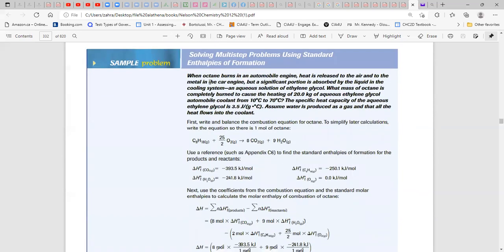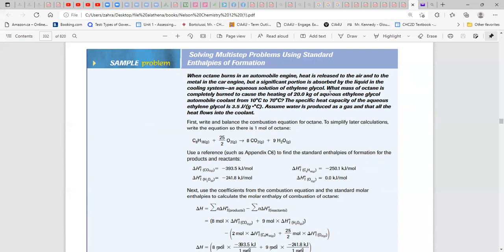So when octane burns in an automobile engine, heat is released in the air and to the metal in the car engine, but a significant portion is absorbed by the liquid in the cooling system, an aqueous solution of ethylene glycol.